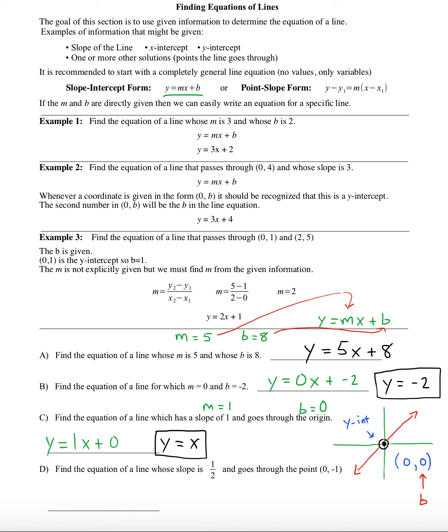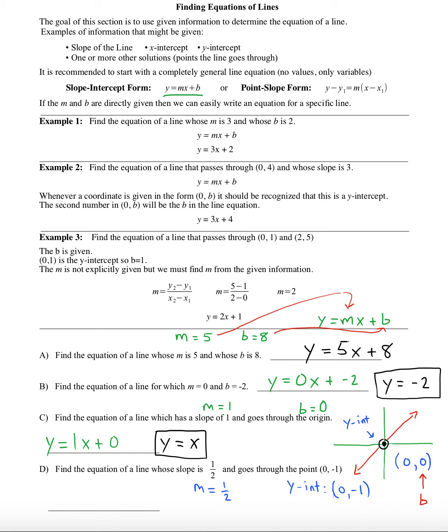Now let's find the equation of a line whose slope is 1/2 and goes through the point (0, negative 1). Alright, so here they're telling us m is 1/2 and the y-intercept is (0, negative 1).